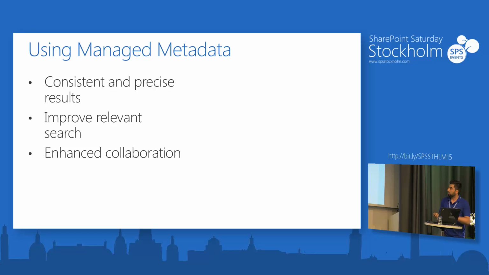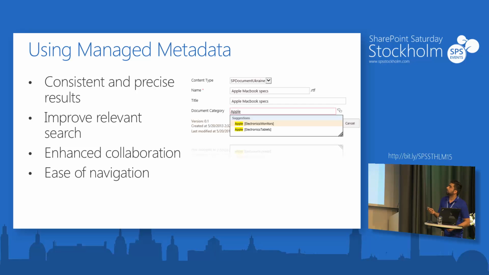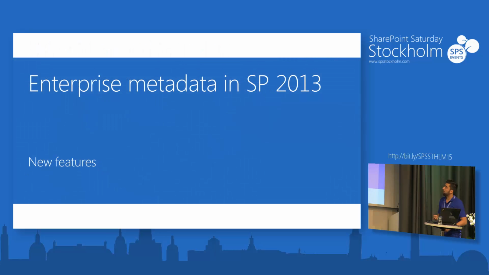We're going to look into how they could search, and how they could use a refinement panel to make it a more relevant and effective search. And the ease of navigation. Of course, they're going to get really good results with the navigation as well. We're going to see that in the product catalogs with an example there. So this is how they can tag their documents here, for example.